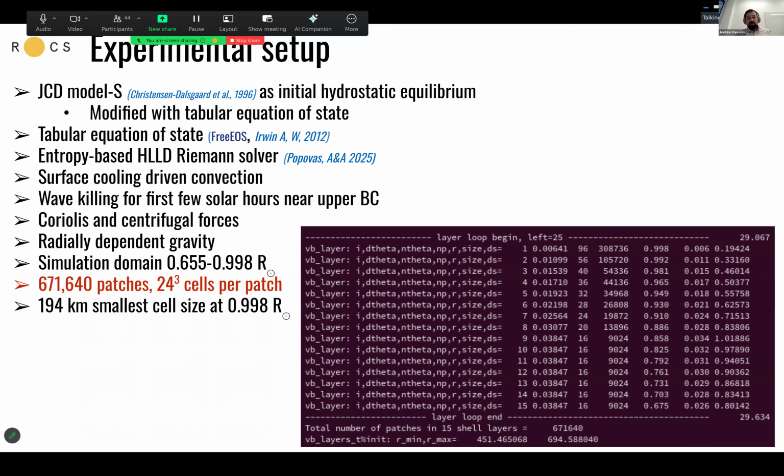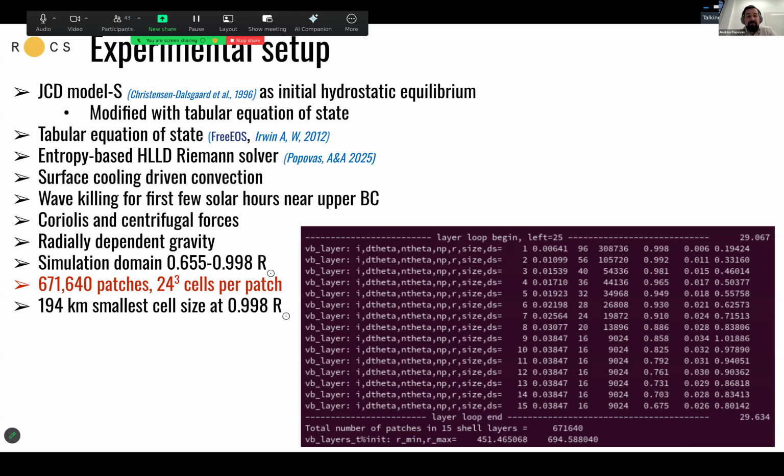Right, now let's go to the experimental setup that I will be discussing mostly today. We start off with Model S as the initial hydrostatic equilibrium. But since we use a different tabular equation of state, we modify it to retain the hydrostatic equilibrium. The equation of state in question is the FreeEOS.